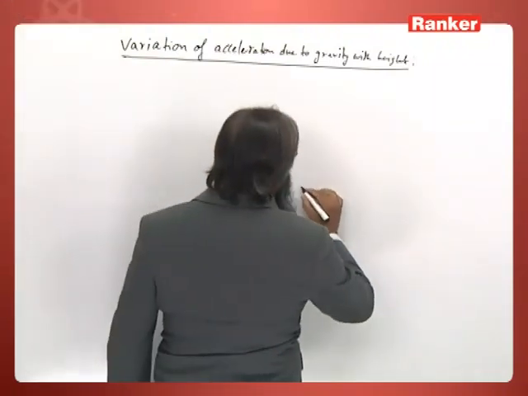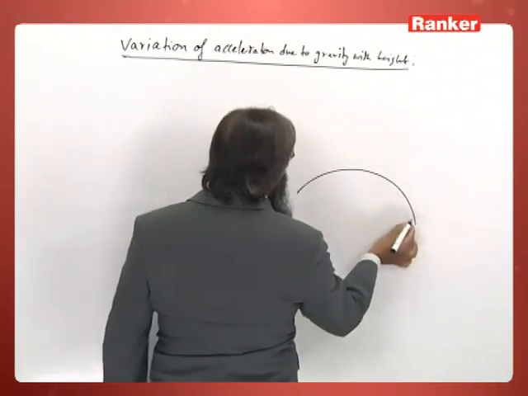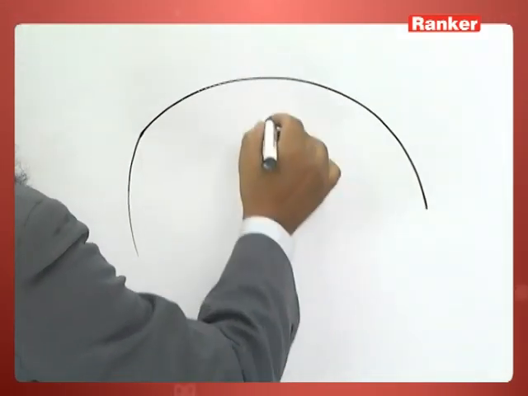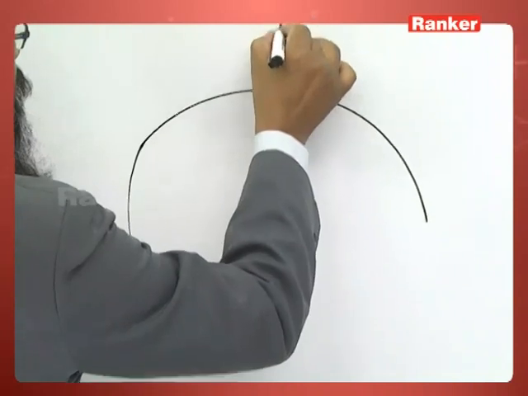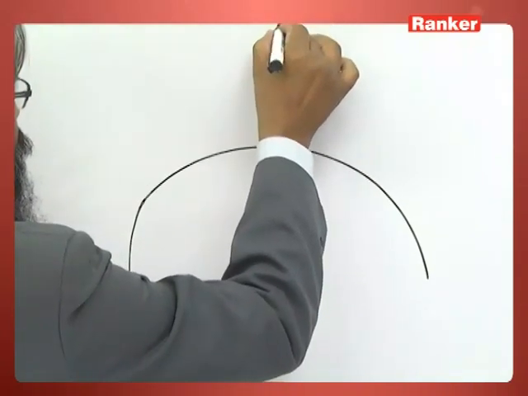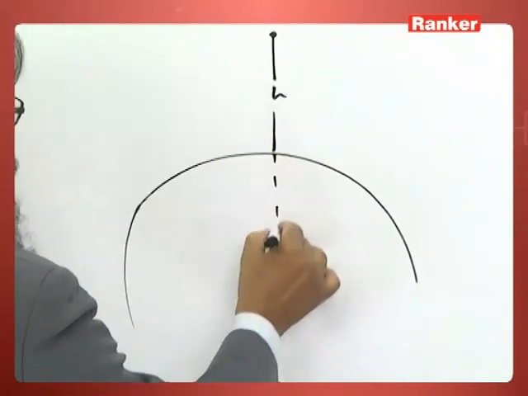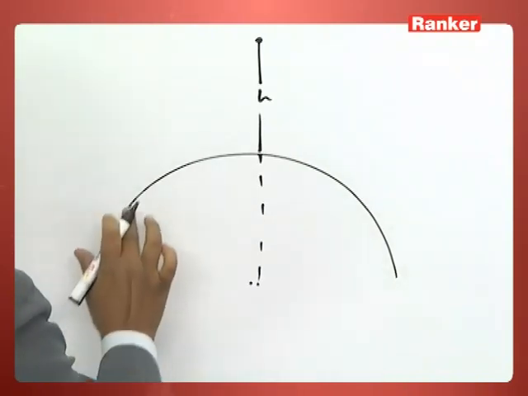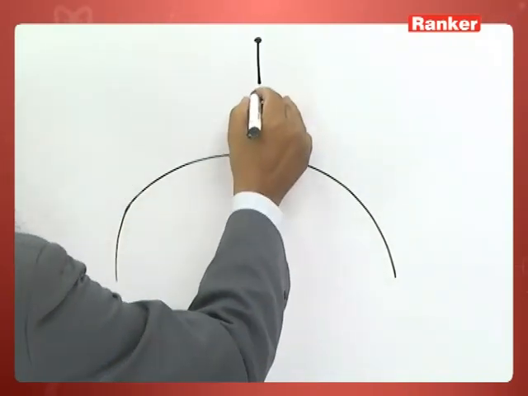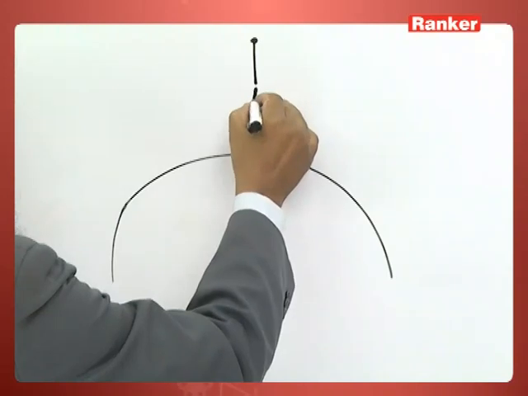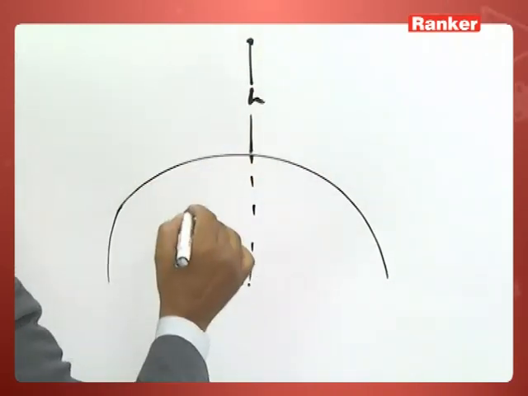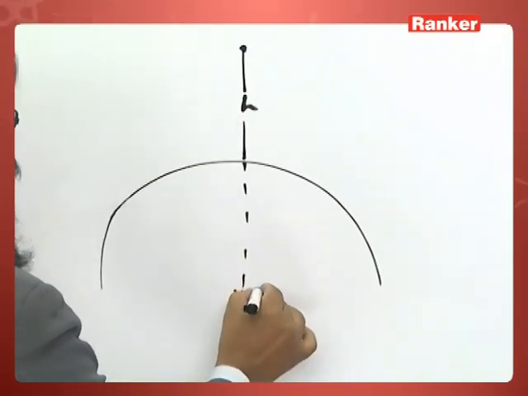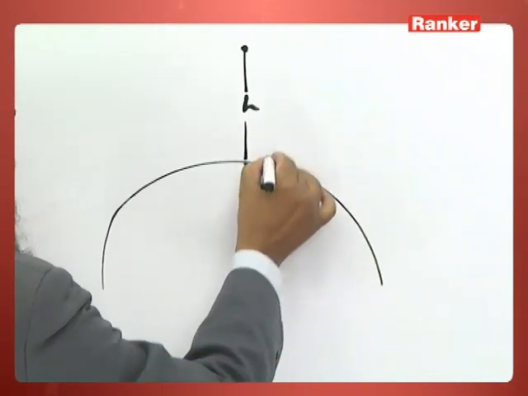Suppose this is the surface of earth, and from the surface of earth we are at a height h. Let us write this distance from the surface of earth as h and from the center of earth as r.